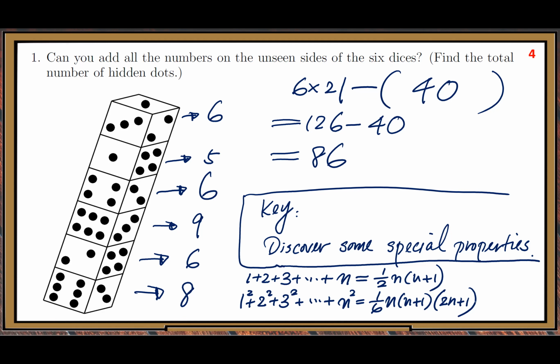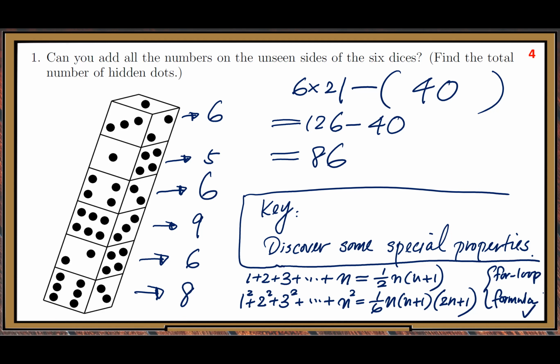And actually the formula way is much faster than your for loop way. So when you do the coding, there is a for loop way and the formula way, and the formula way is much faster than the for loop way.